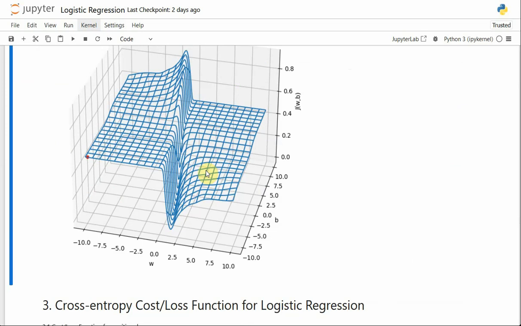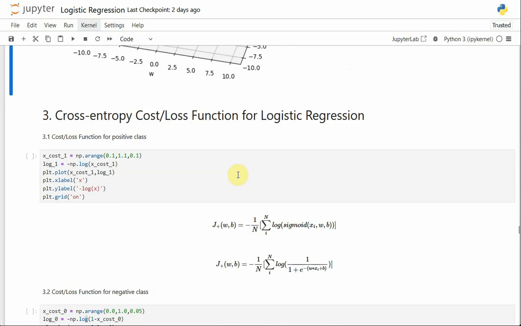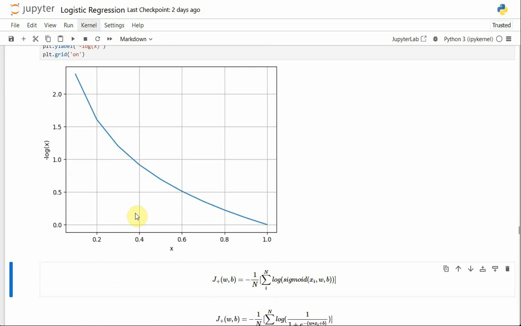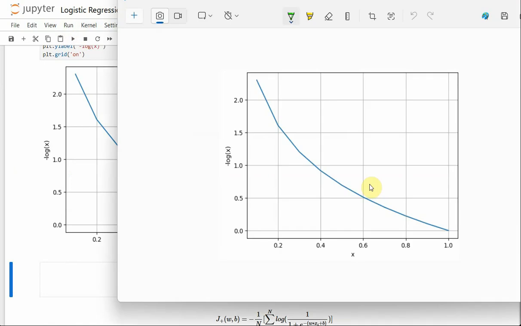Now let's consider what could be a good alternative to the mean squared error cost function for logistic regression. First, let's consider cost or loss functions. In machine learning, these two terms are used interchangeably. For the positive class, let's consider the function minus log of x. In the case of minus log of x, we will have a very high value of the function if logistic regression generates a value close to 0.